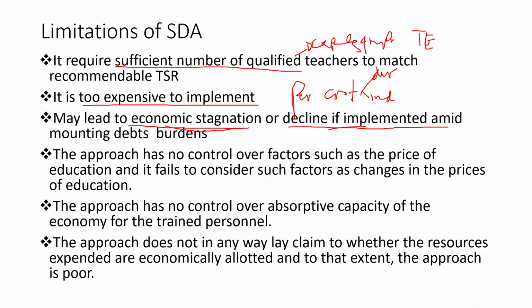And therefore economic growth will be stagnant if there are no other investment activities going on in the country, and because we sometimes also depend on donors and soft loans, it will also raise the debt.